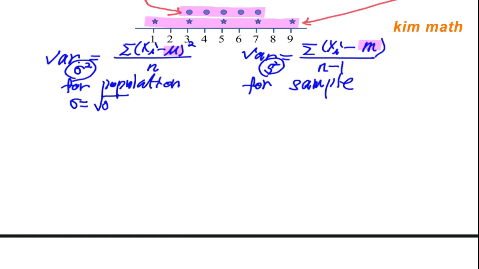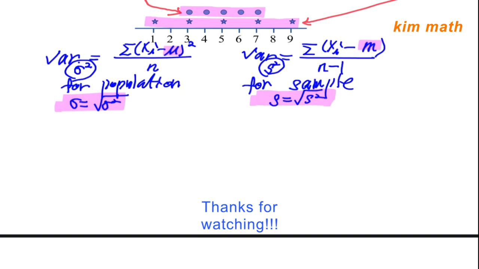Yes, it is the square root of sigma squared. Numerically, this is quite straightforward, right? And in statistics, after you find the variance, in this case, for the sample, we use S for standard deviation, here. Okay? So this is the standard deviation.